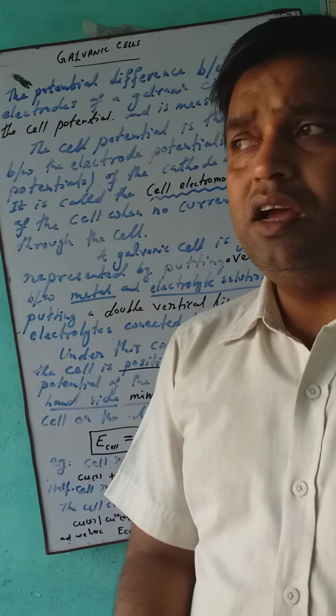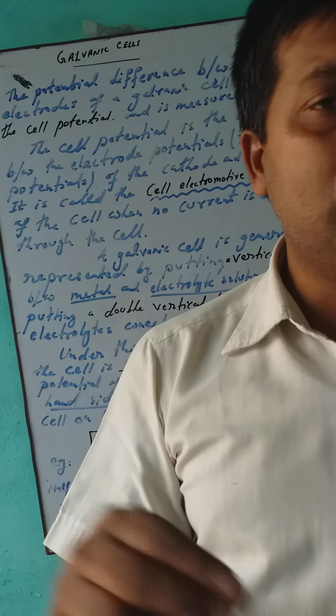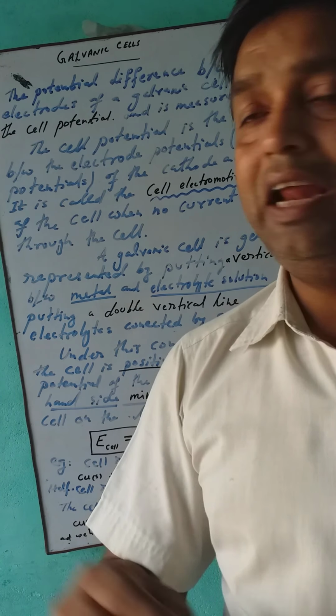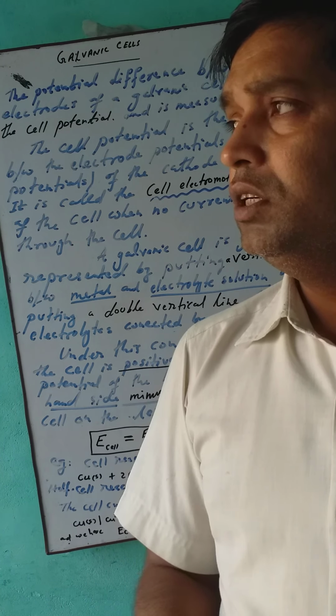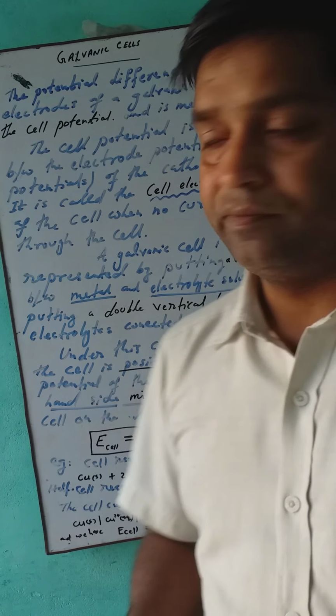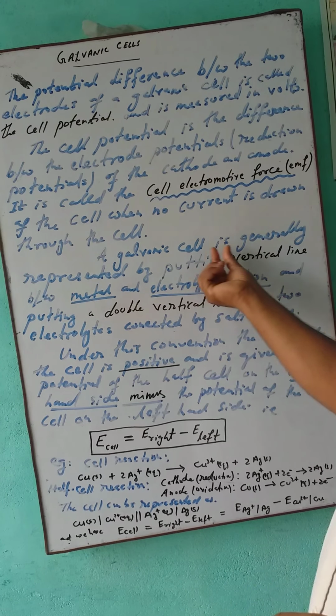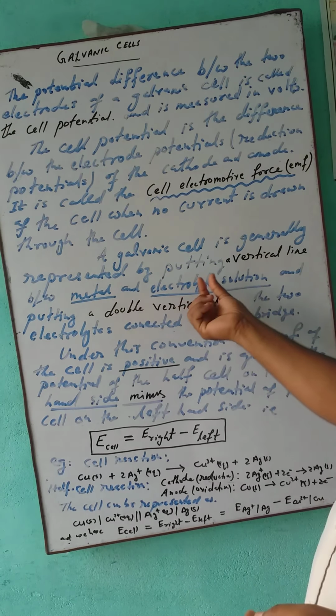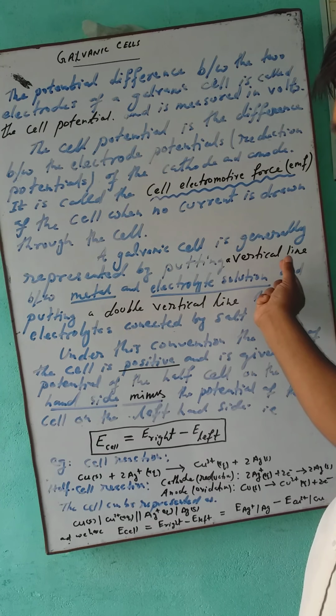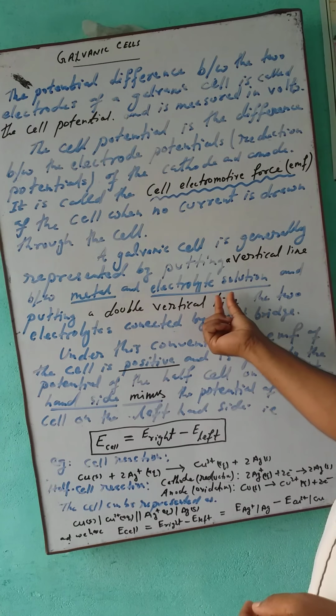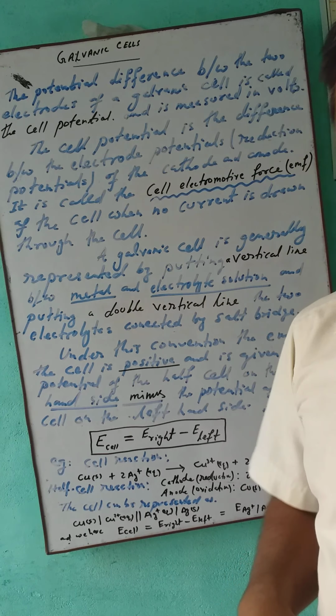Now, dear student, while a chemical reaction is going on at the electrodes, that is anode and cathode, how can we represent this? For this, a galvanic cell is generally represented by putting vertical lines between metal and electrolyte solutions.